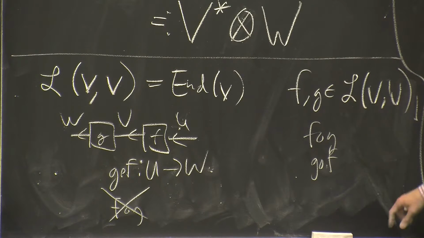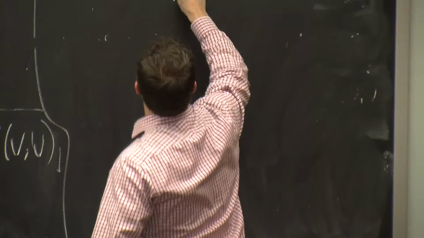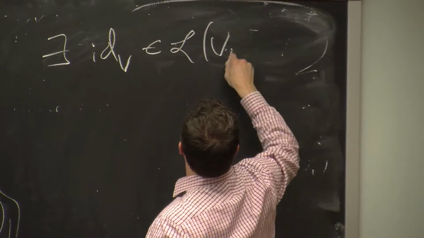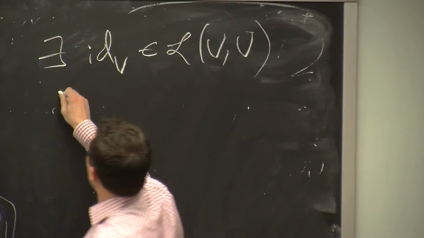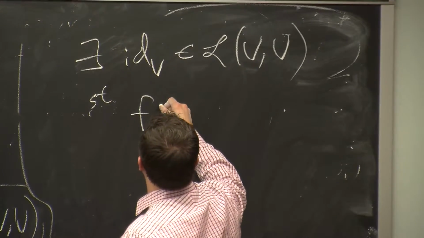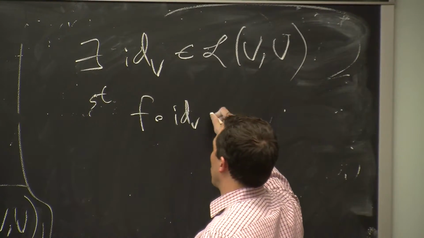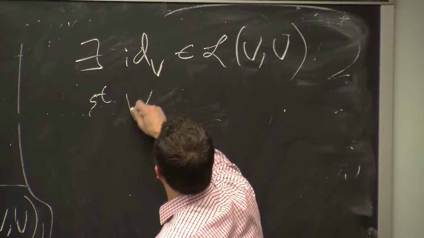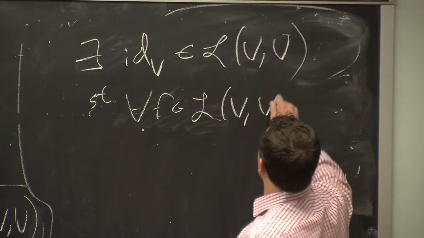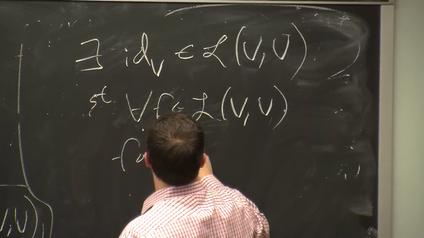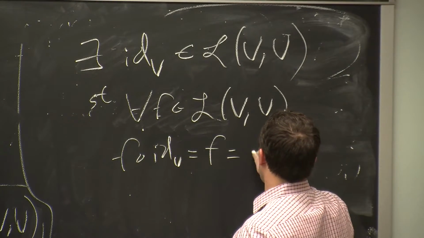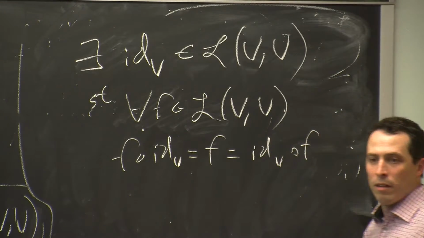There's a special function in here besides 0, which has the property that there exists a special map, I_V, which is a linear transformation from V to V. And it has the property that for all F in linear maps from V to V, F composed with I_V, which always makes sense, equals F, equals I_V composed with F. Right?